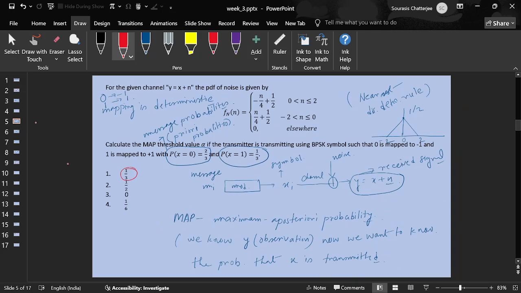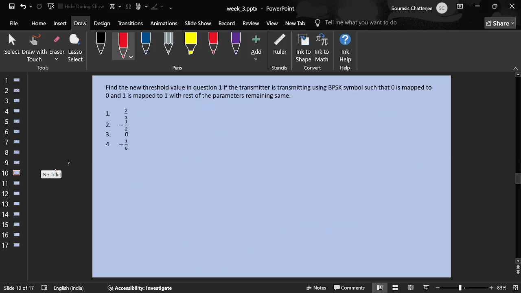So we are done with this question. Let us move to the next part. We are asked to find the new threshold value in the question if the transmitter is transmitting using BPSK symbols such that 0 is mapped to 0 and 1 is mapped to 1, with the rest of the parameters remaining the same.